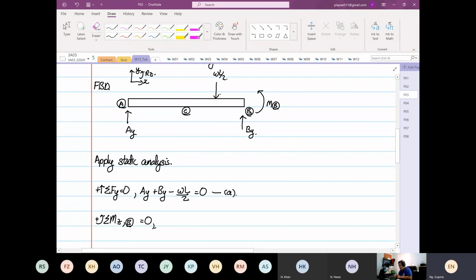Taking our moment here, anti-clockwise, we have moment about point B, plus omega L over 2 multiplied by the distance, which is L over 4 because it's an evenly distributed load, then minus AY L, the whole thing equal to 0.